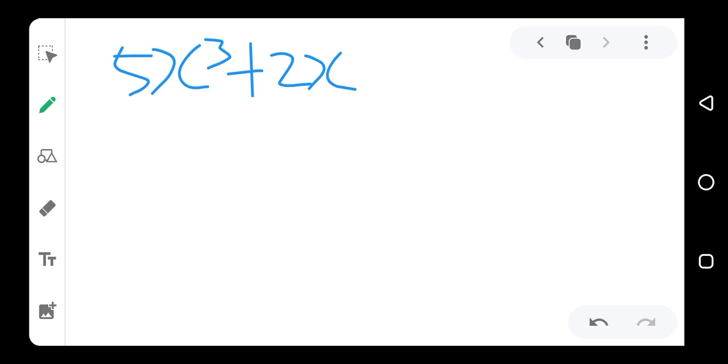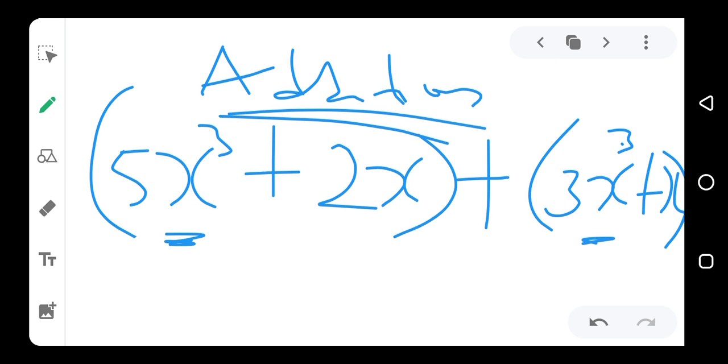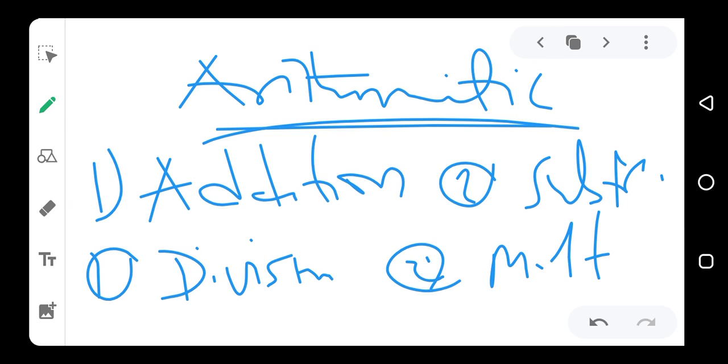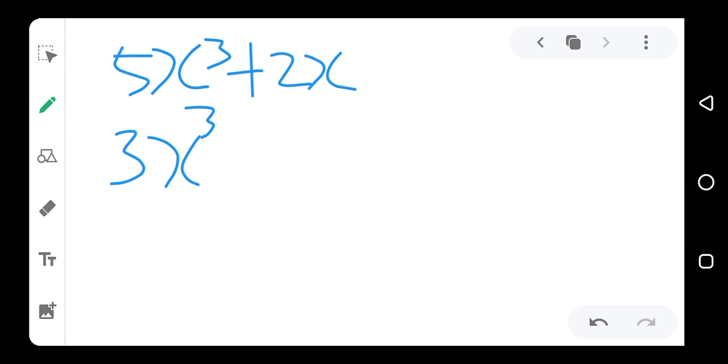So we are going to have here 3x raised to power 3. Now this is x and this is 2x, the same variable and the same power, the power of 1. So we put the two of them under the same column. We have x here.